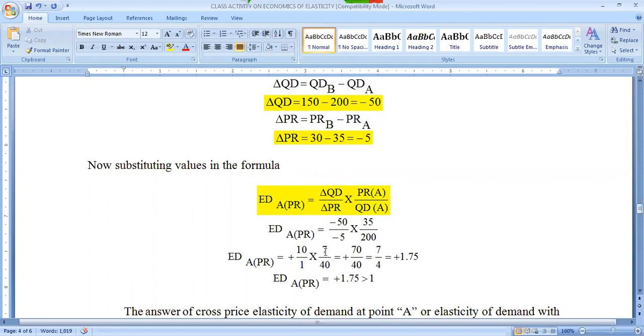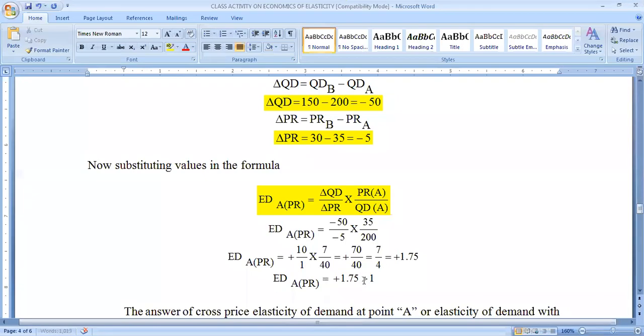So it becomes 7 over 40. So 7 tens are 70 and 4 tens are 40. So 70 over 40 can be written as 7 over 4, or it can also be written as 1.75, but the sign is positive. Okay, so elasticity of demand at point A with respect to price of related good is found to be plus 1.75, right?